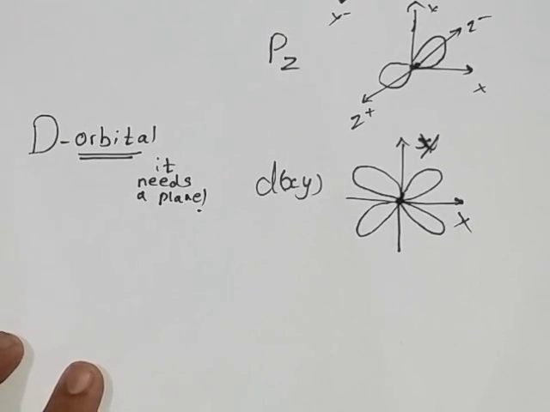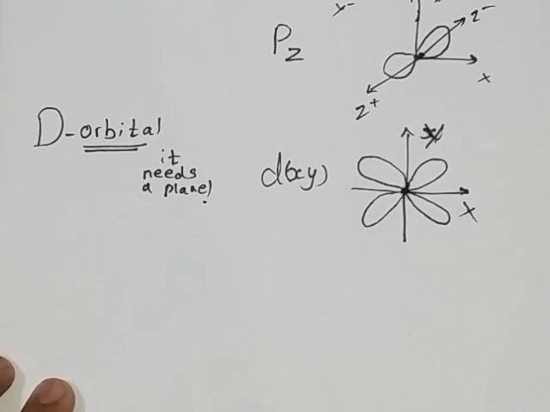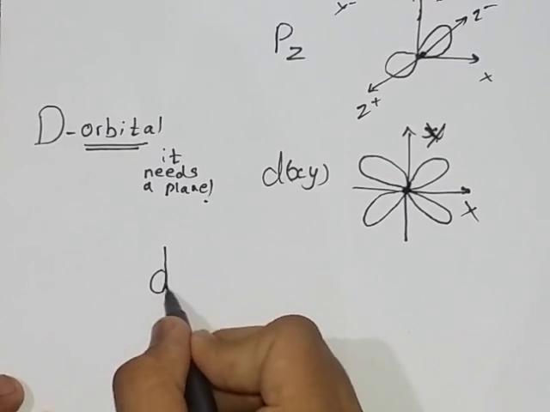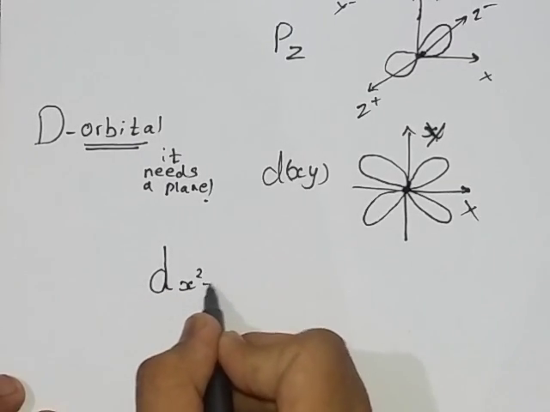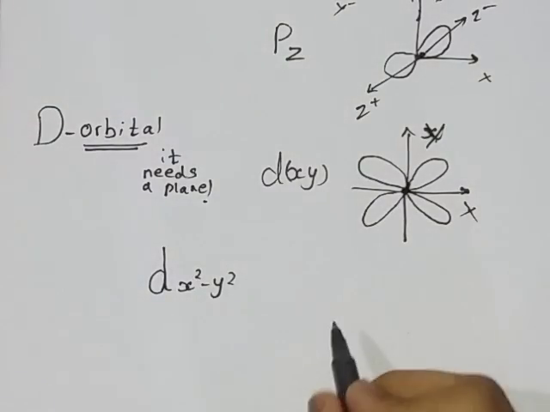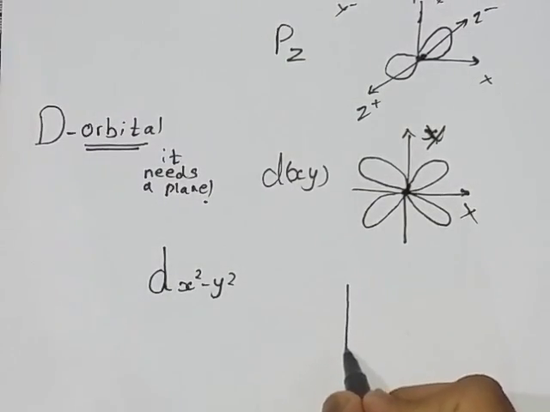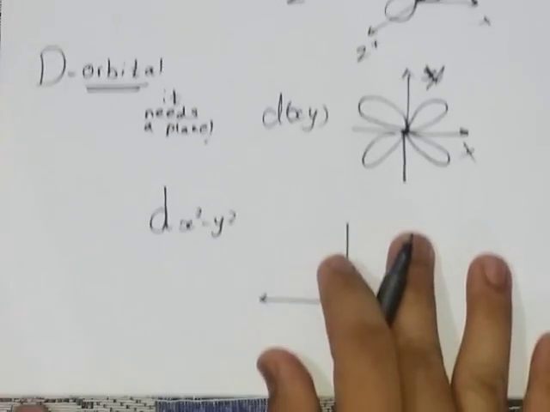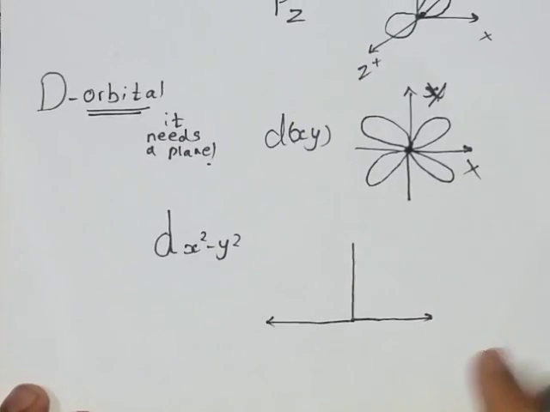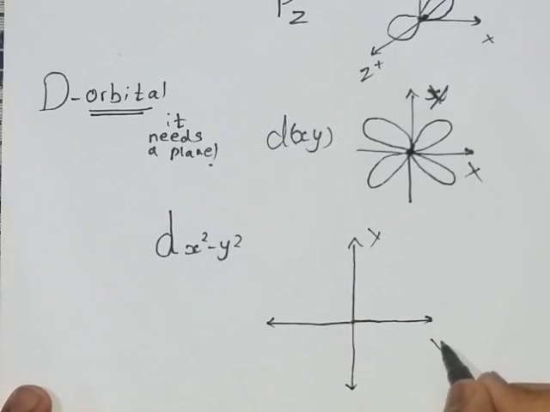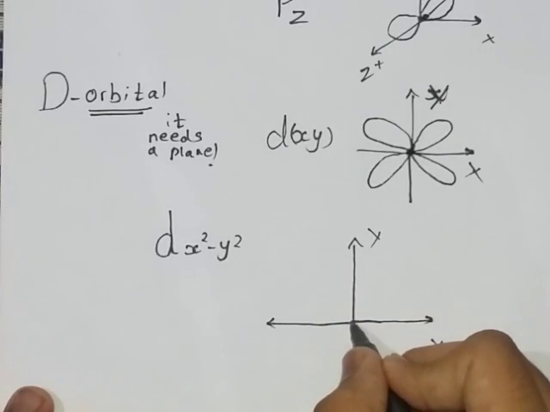And the only one orbital which I have to mention separately is dx square minus y square. It is dx square minus y square. In this one, dx square minus y square, see, this is y, this is x, then it is like this.